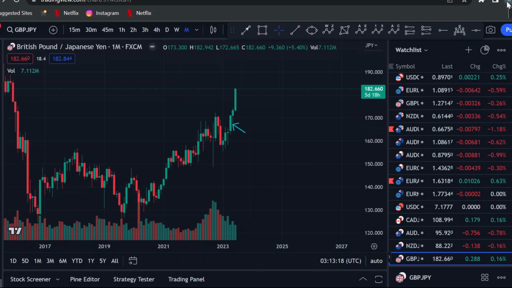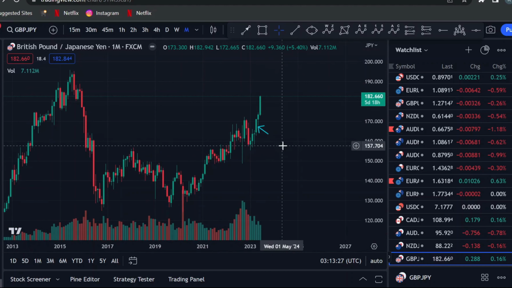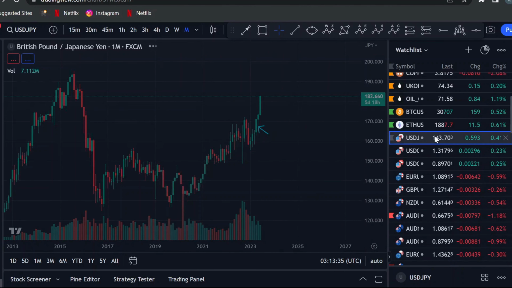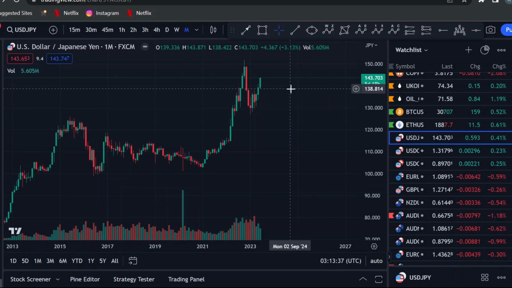So when the non-commercial traders are selling the yen, they are buying the pound, and it's very clear on this chart. USD JPY, can see the trend is extremely bullish. Most of the yen pairs are bullish.